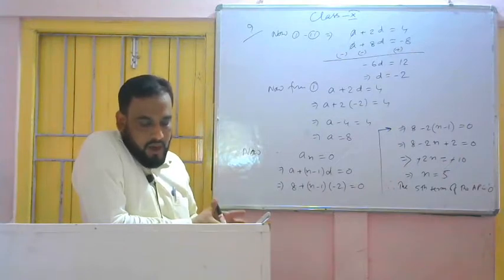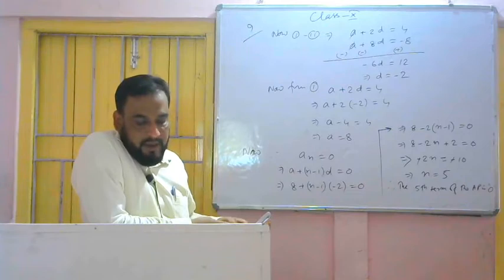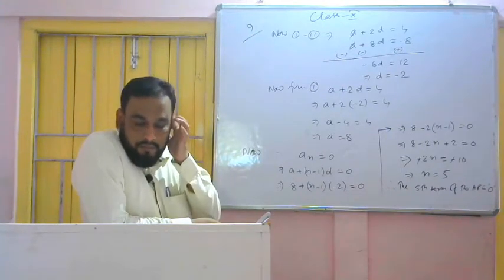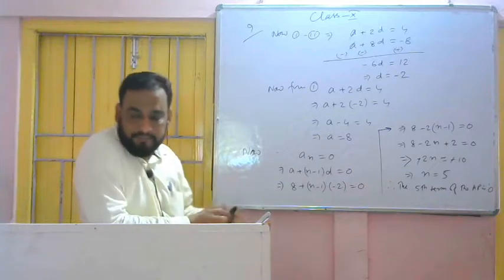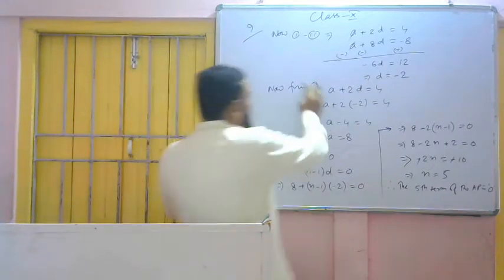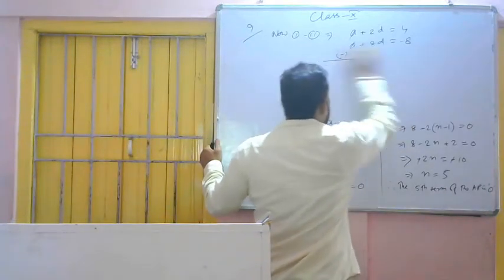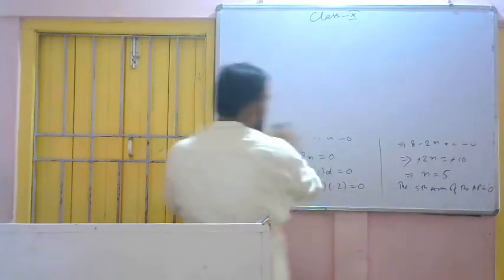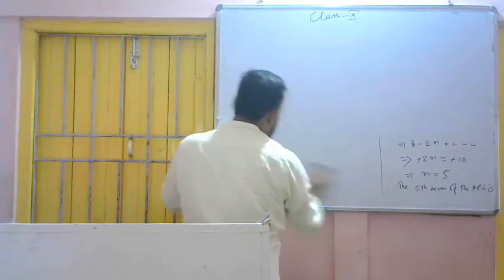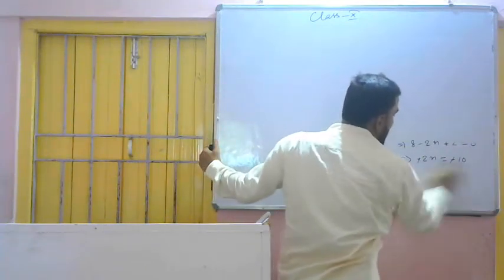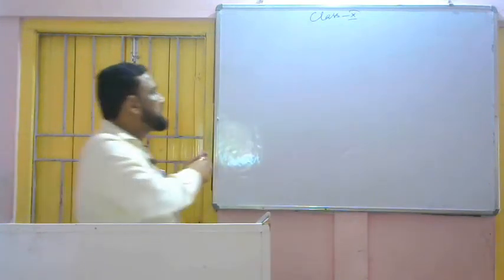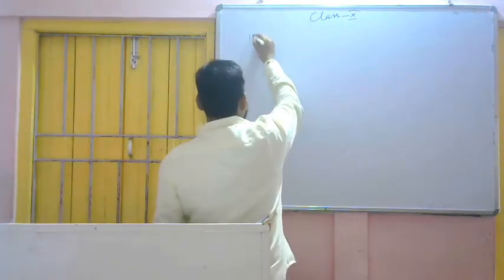Now we have to find out the common difference of an AP whose 17th term exceeds the 10th term by 7. We don't know the first term, but we have to declare it first.